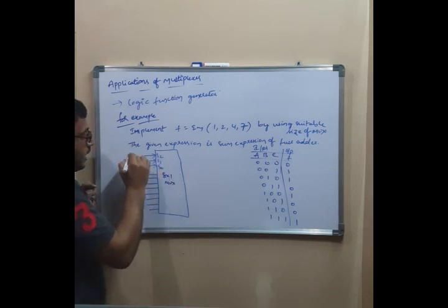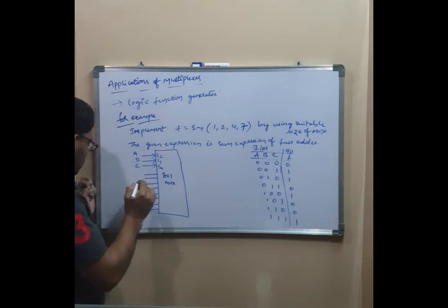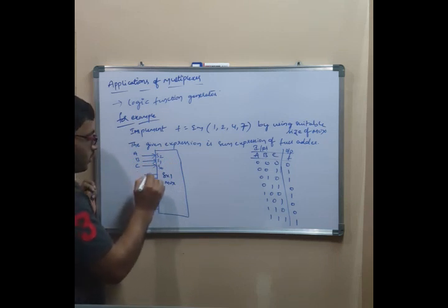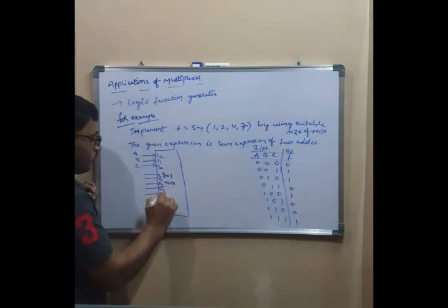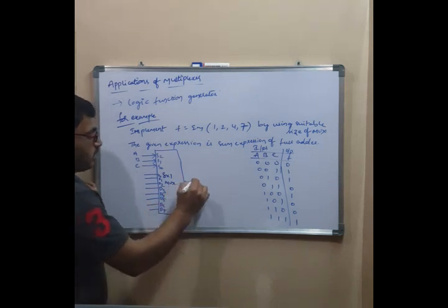I will treat these three as A, B, C. So it has 8 data inputs, D0, D1, D2, D3, D4, D5, D6, D7, and a single output F.